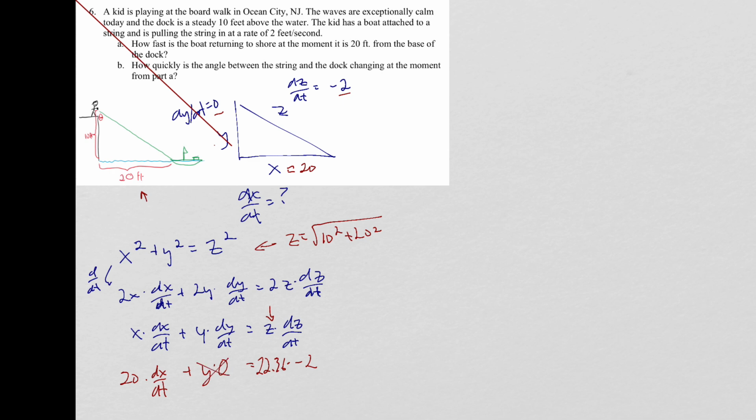This term goes away. That's why I didn't care about plugging in the y equals 10. So I'm just going to divide both sides by 20 to get that dx over dt is equal to 22.36, which I could consider to be just the square root of 500, if I wanted to not write it as a decimal, times -2 all over 20.